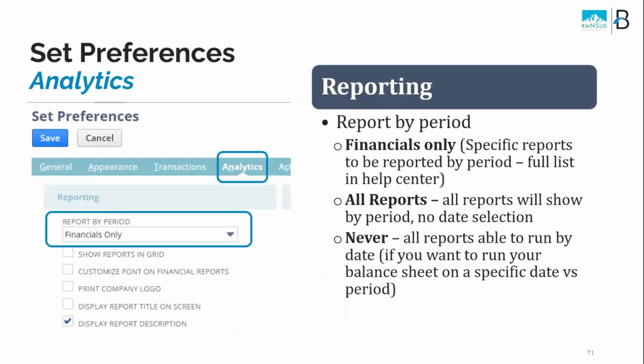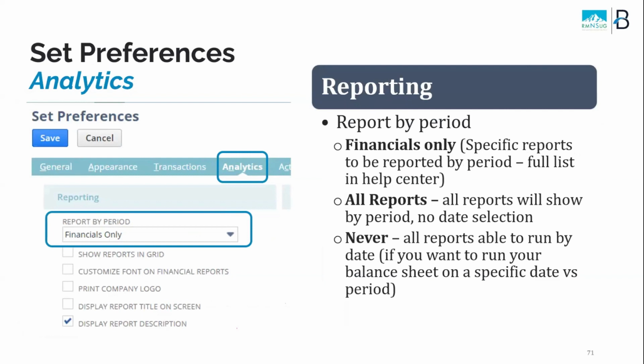A couple more here under the reporting tab. This is a big one that I see, and it suggests switching the selection options depending on what your scenario is. Reporting by period is the default for financials only, so that's how your system should come.